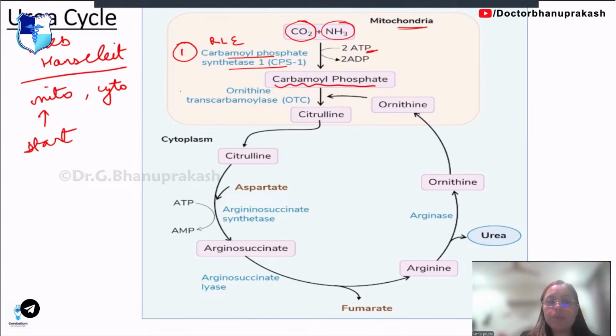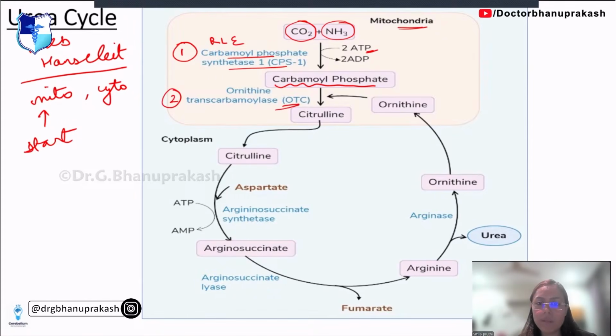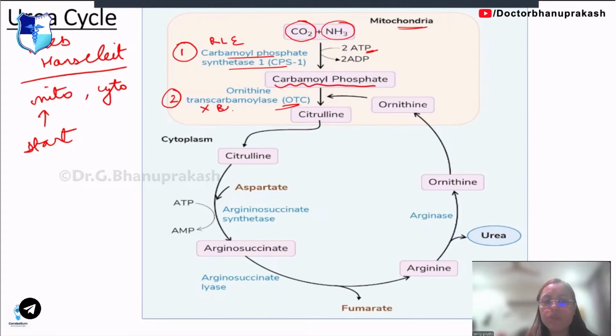Second step is by the enzyme OTC, ornithine transcarbamylase. This OTC is absent in brain, so the urea cycle will not occur in brain. Here ornithine is added and we get citrulline.